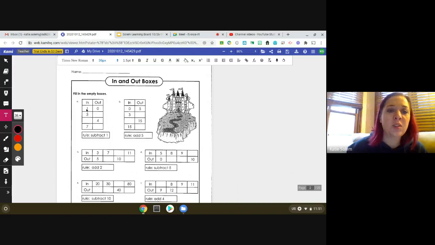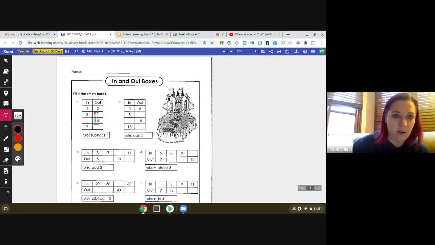So a number goes into the box, the rule happens, minus 1, and a new number comes out, 0. So what would happen if 3 went into the box and we had to make that rule happen? Well, 3 minus 1 is 2. So I would write 2 there.